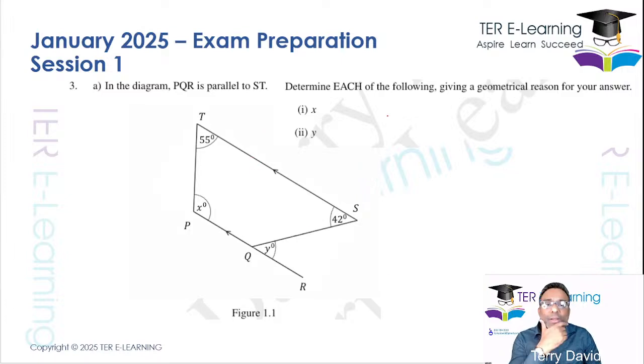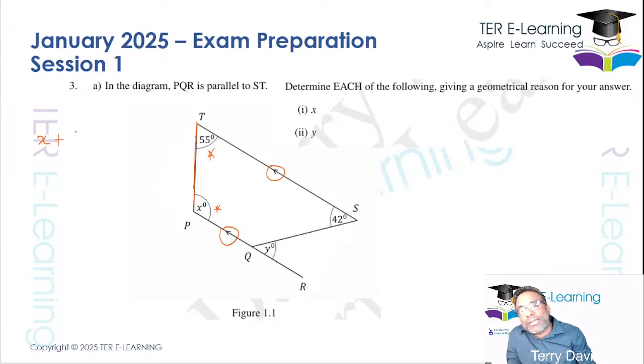So we want to find the value of x here. Now this line is parallel to this line, so this line is a transversal that cuts both of them. There is a relationship between this angle and this angle. Those angles are what we call co-interior angles, which means they add up to 180 degrees. So we can say that x plus 55 is equal to 180 degrees.